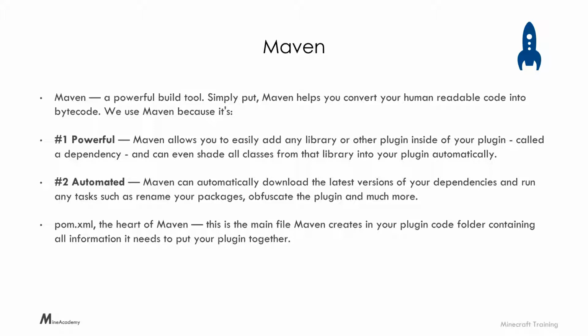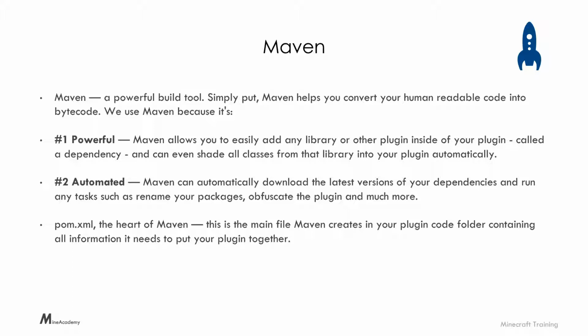And this is called a dependency, and I'm going to be talking about this later, not today, but later in this series. And it can even shade, or put all classes from that library into your plugin automatically. This is something that we use when it comes to the Foundation library that I'm going to show you later, because your plugin will contain a copy of the Foundation library within it.